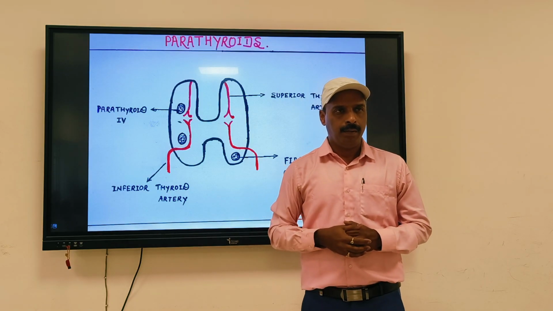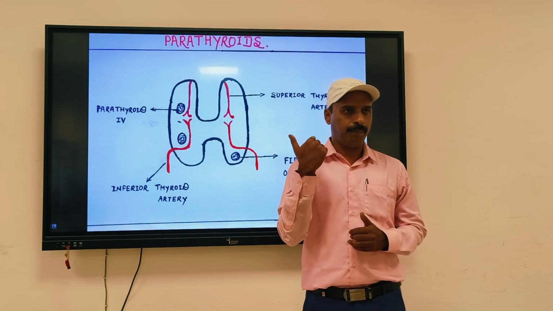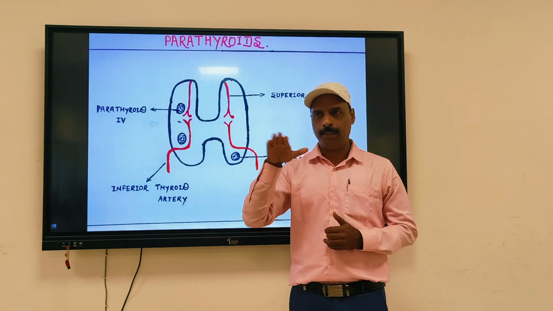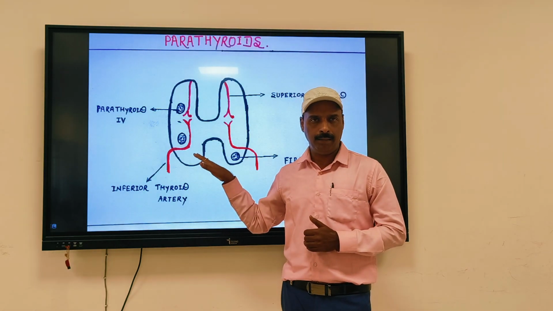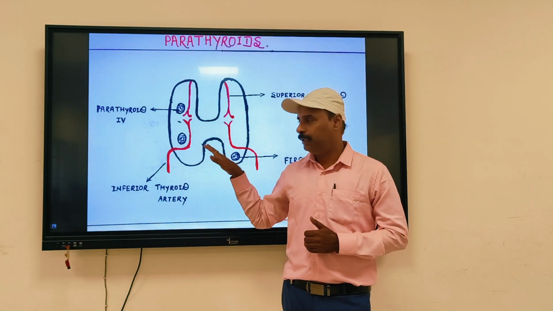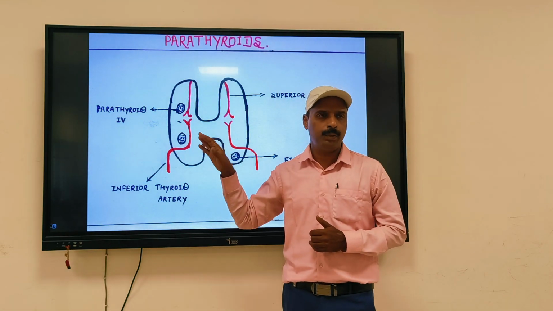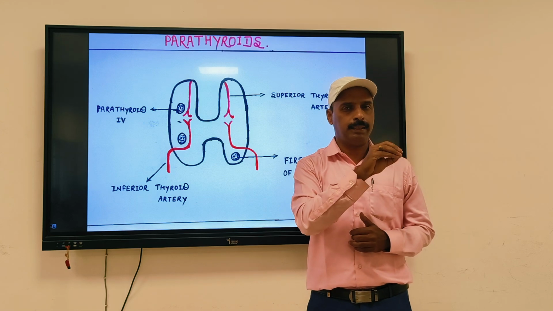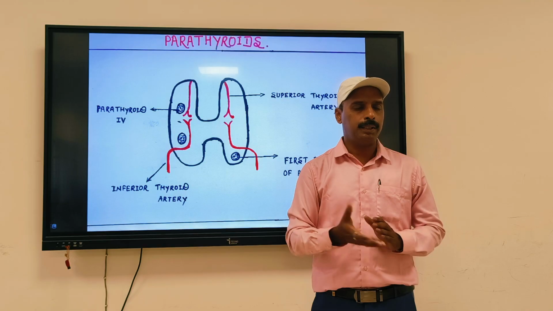Hypoparathyroidism: here it is not removing the calcium from the bone to add to the blood. Suppose the body requires calcium and the blood calcium level is not maintained. At that time, the parathormone has to remove the calcium and add it to the blood, but it is not doing so, in conditions like tumors.